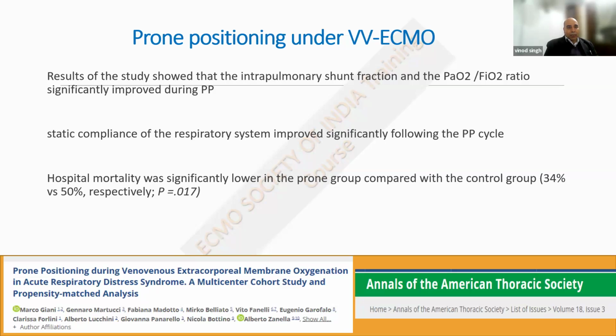But recently in JAMA, we have published a trial in COVID patients where proning improved the PO2 ratio, but no survival benefit. Anyway, if an intensivist and ECMO specialist do not have any option to improve the hypoxemia, patients should be proned. That will improve the hypoxemia of the patient.